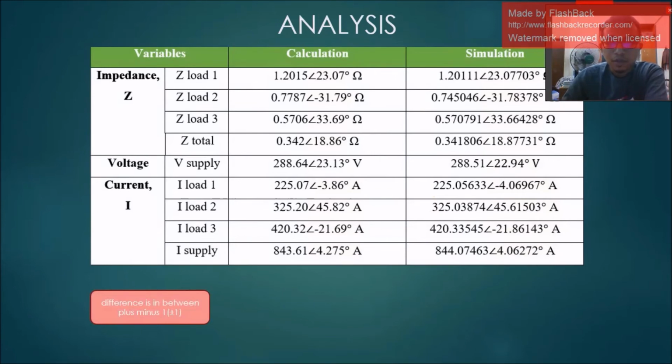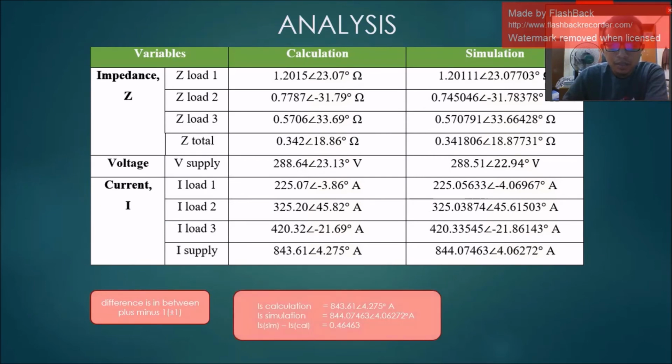If you observe closely, the difference between all those variables is between plus minus 1. I take an example, I total calculation and I total simulation. If we subtract IS sim minus IS calculation, we get 0.46463, which means it is still between plus minus 1.